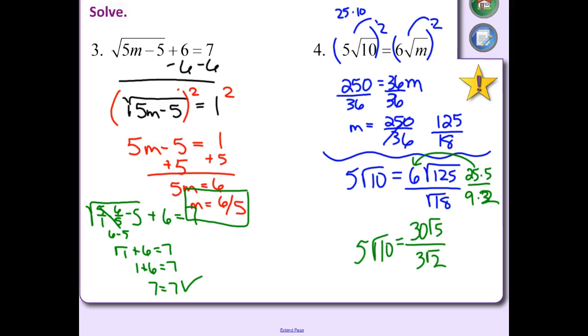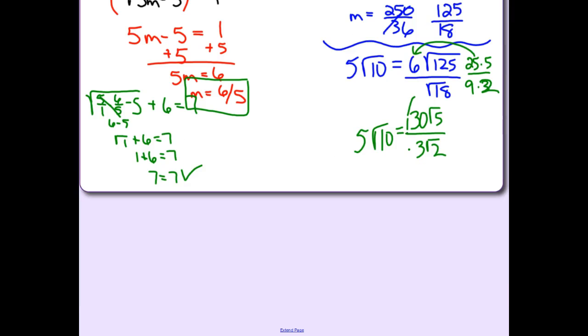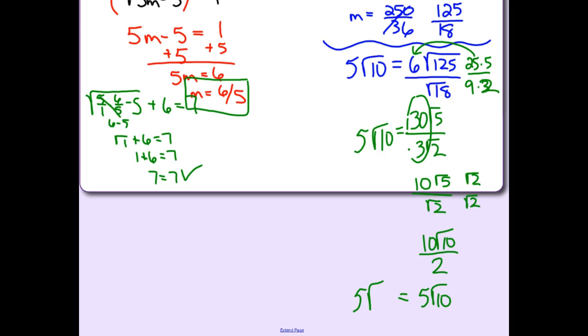Okay, so now we can reduce this fraction here, and we're going to get 10 root 5 over root 2. And we're going to have to rationalize the denominator. And so we're going to have 10 root 10 over 2, which will reduce to 5 root 10, which equals 5 root 10.